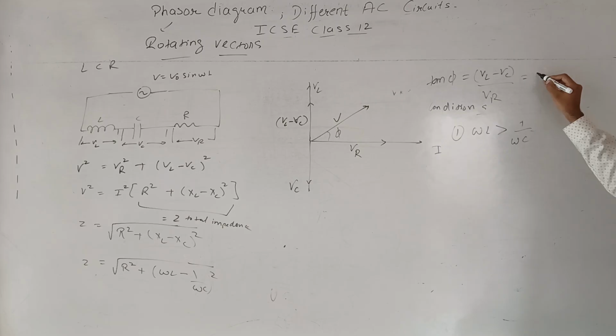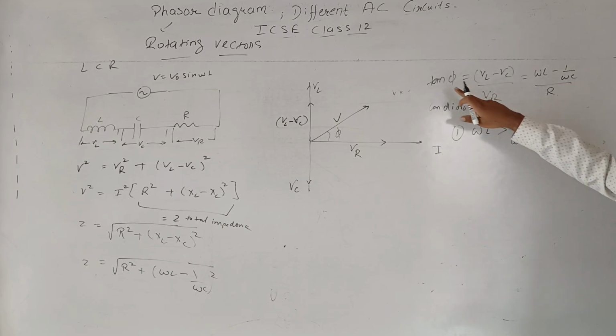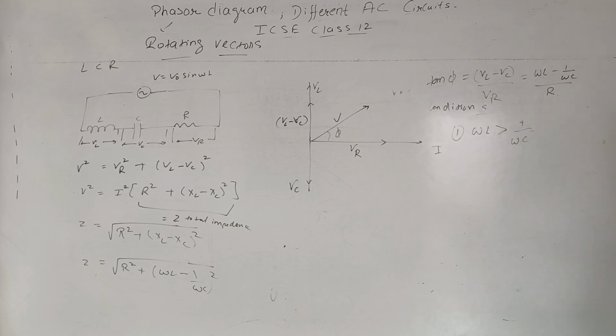Here we can write it as (omega L minus 1 by omega C) divided by R. This is the tan phi. Because I will get cancelled, IR and I into omega L minus I into 1 upon omega C, so I will get cancelled, (omega L minus 1 by omega C) upon R. So if omega L is greater, this term will be positive, so tan phi, or thus phi, will be positive.